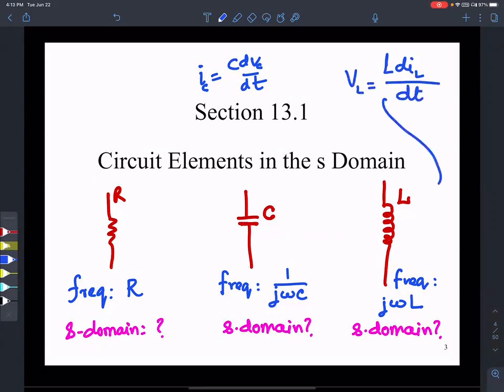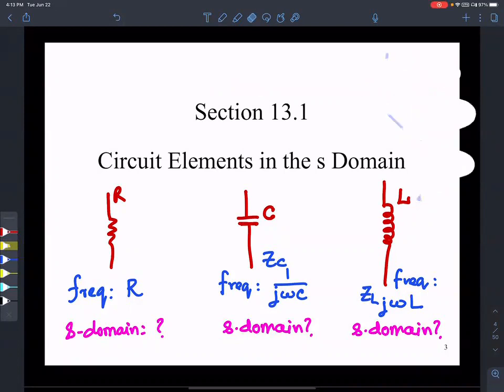Instead of using those, we were earlier using j omega L, or ZL, and this was ZC, and this is resistance in the frequency domain. So the idea is we are going to look at these three circuit elements in the S domain as well.